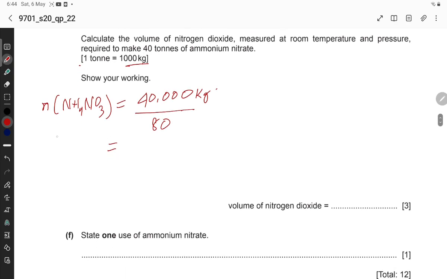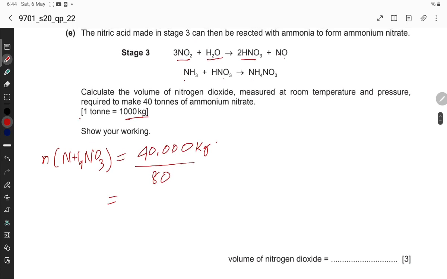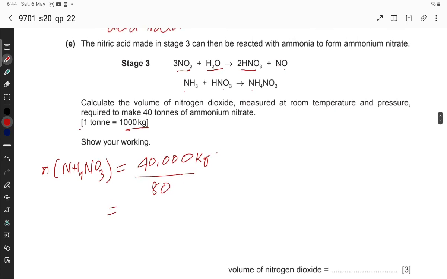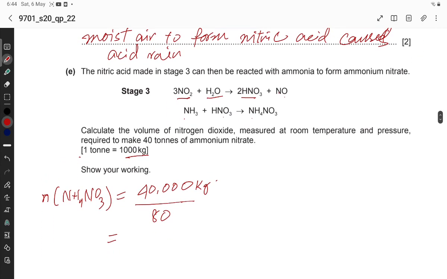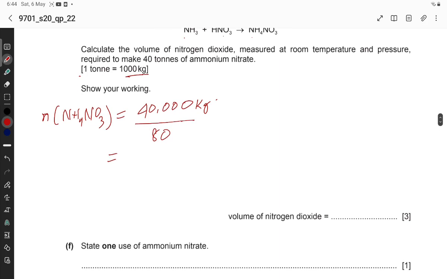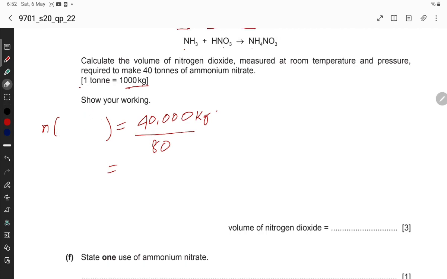And the moles of ammonium nitrate is 500.